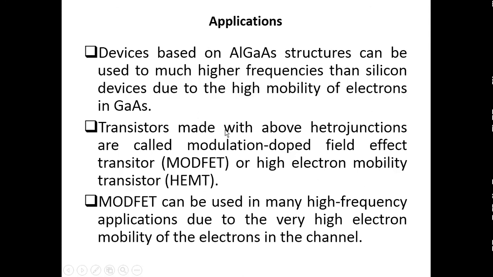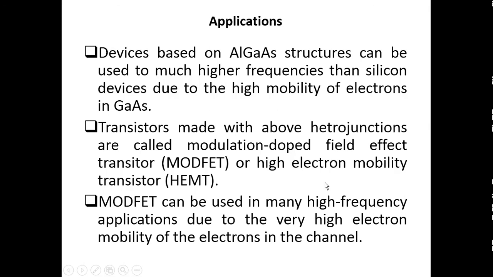The transistors made with the above heterojunctions are called modulation doped field effect transistors. Usually, the MODFETs work on this principle, which is essentially called a high electron mobility transistor, HEMT. And why is high electron mobility possible? Because in the XY plane, in the aluminum gallium arsenide structure, the electrons are located in the gallium arsenide, which is free of dopant.